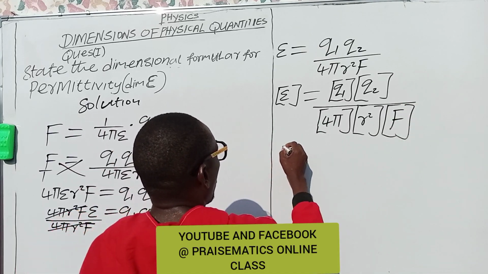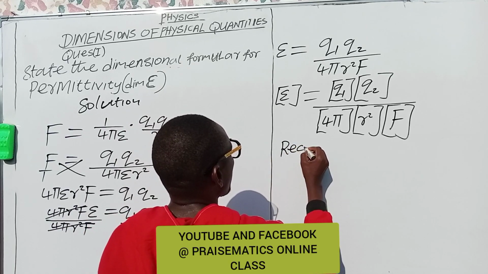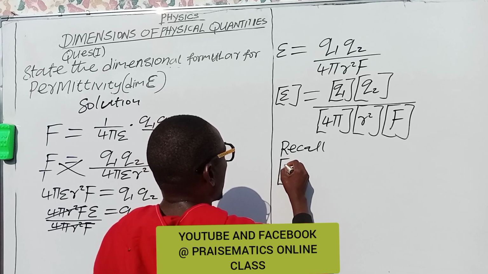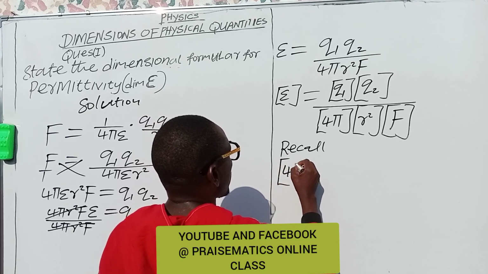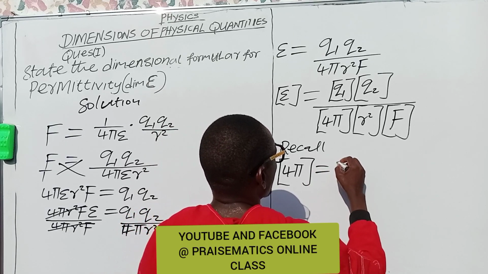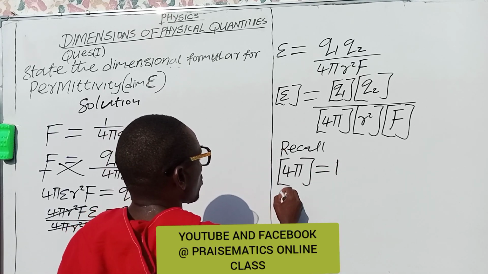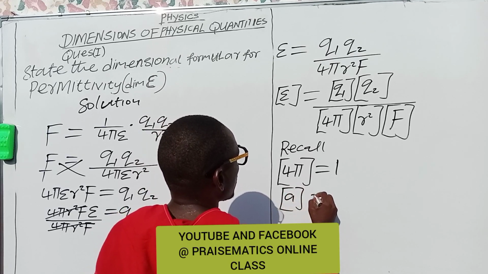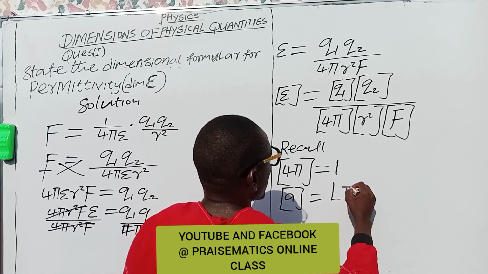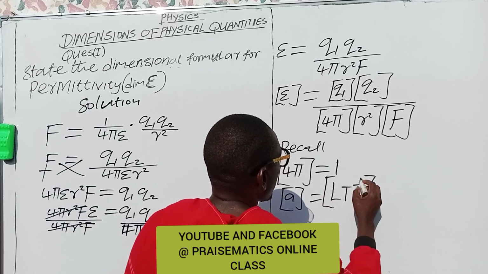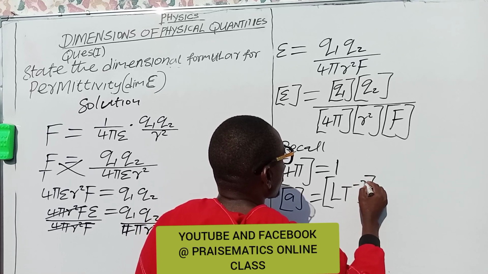So always recall that whenever you find the dimension of any constant, it is always 1. In other words, it has no dimension. So this is 1. And the dimension of acceleration is LT raised to power minus 2.